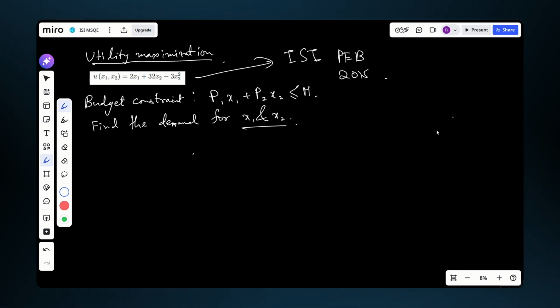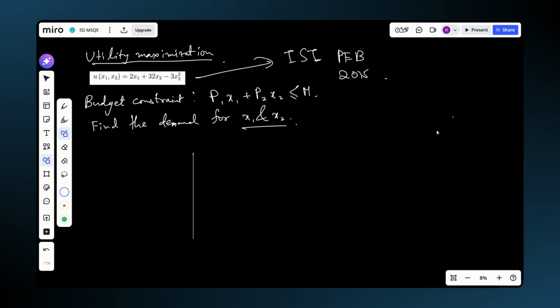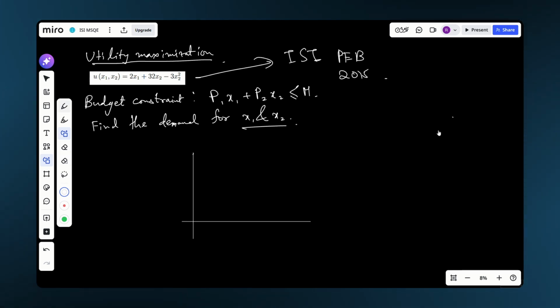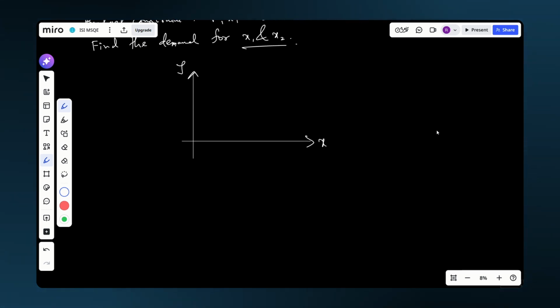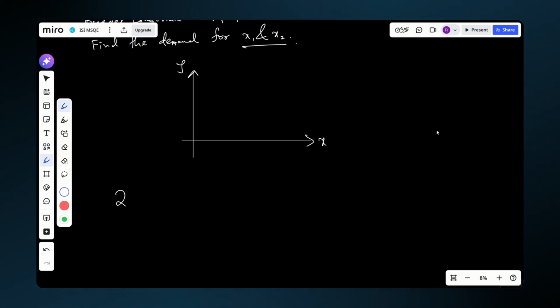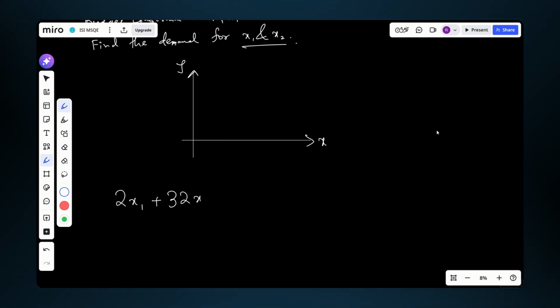One is your usual indifference curve method, where you draw your indifference curve in the x-y plane, and from that you find your optimal bundles. One bottleneck in this approach is, let's say I want to draw the indifference curve.